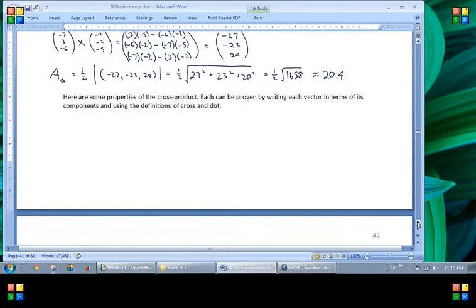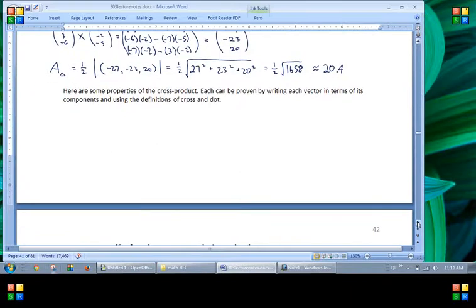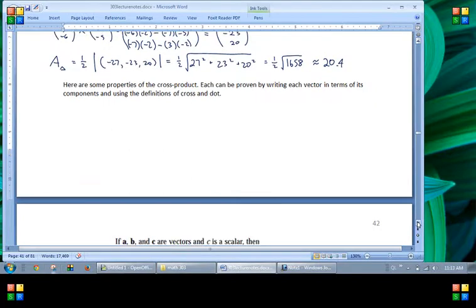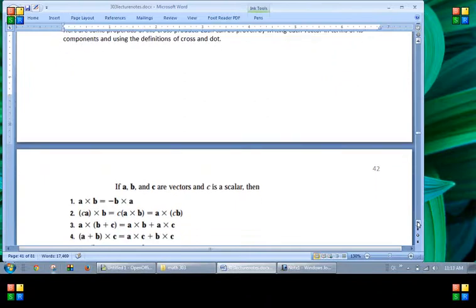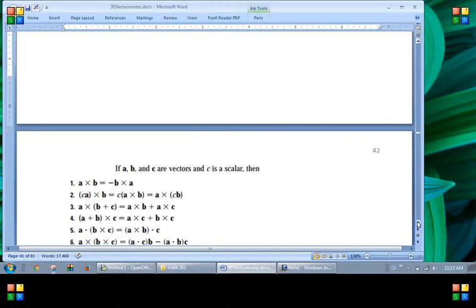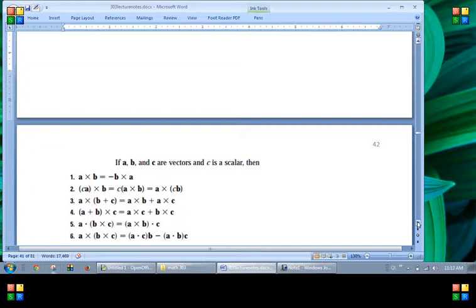I think the second one is the most obvious, which is that if you multiply one of the vectors times a constant, that's the same as multiplying your final result by a constant. That's number 2 right there. And so then here are all 6.